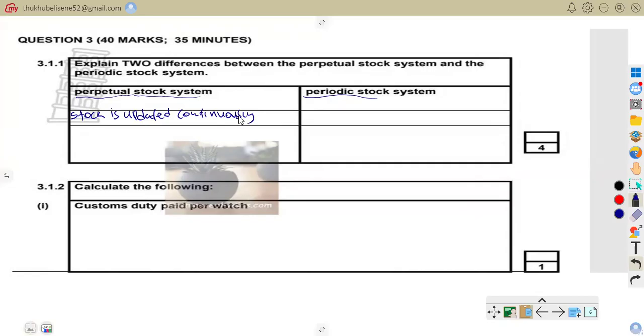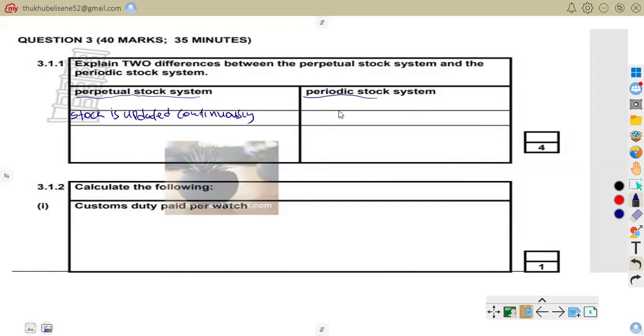So you always know how much stock you have. That is why I say stock is updated continuously. It means after every sale or purchase, you always know how much stock you have.